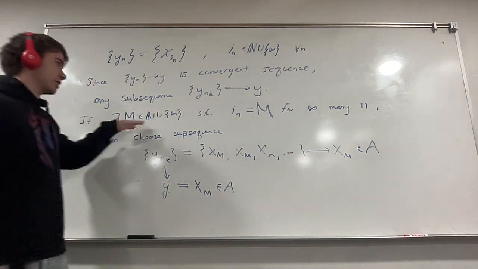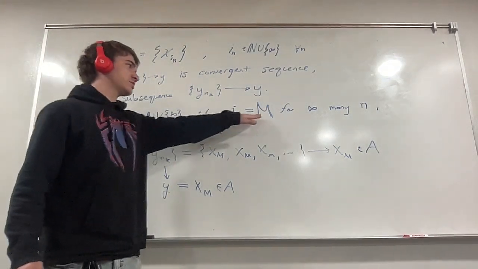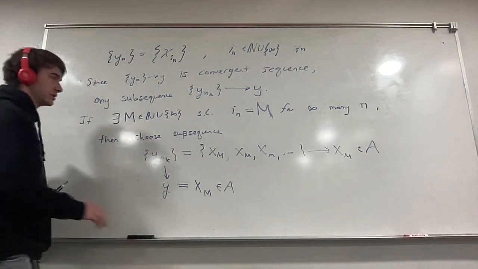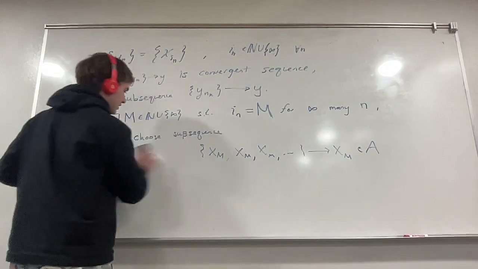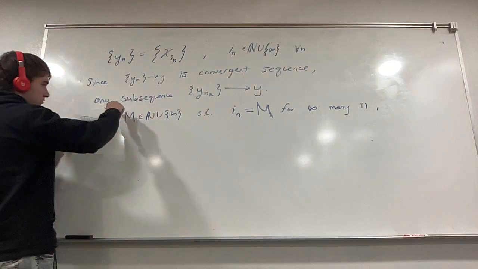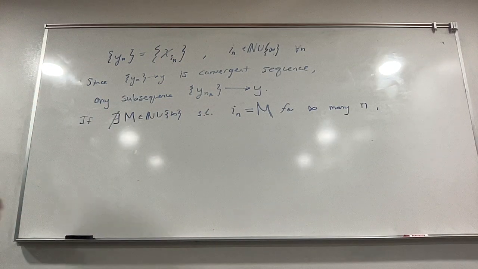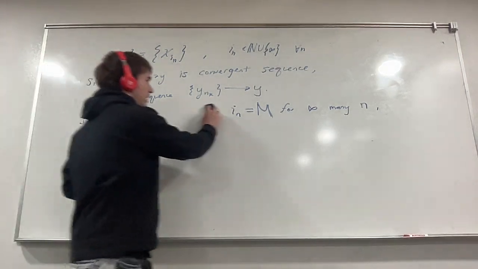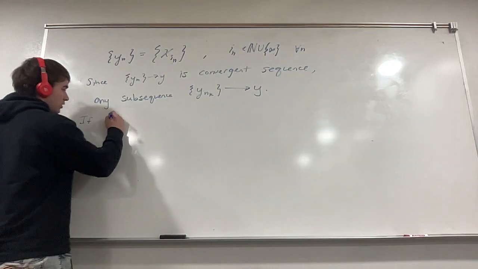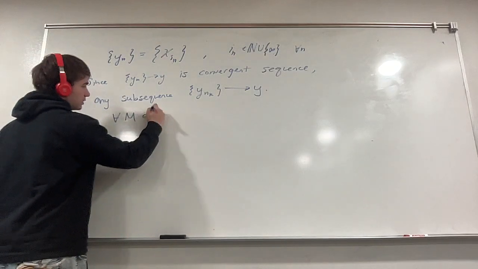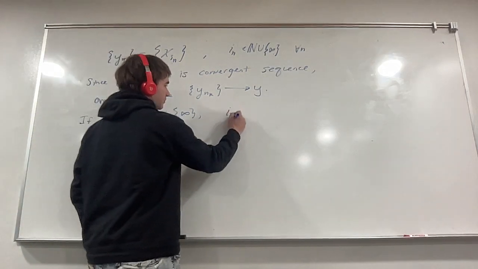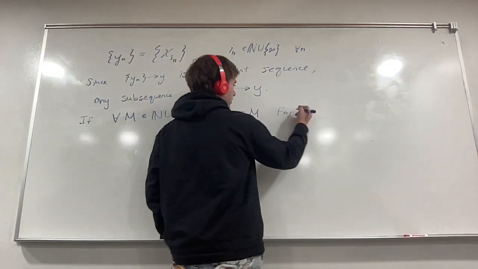I'm going to call this a recurrent index. So if an index is recurrent in the sequence, then we pass to the constant subsequence and we're basically done. Okay, so if there's no recurrent index, so if this statement does not hold, then I have the negation of this statement, which is: for all m in the natural numbers union infinity, I sub n equals m for finitely many n.